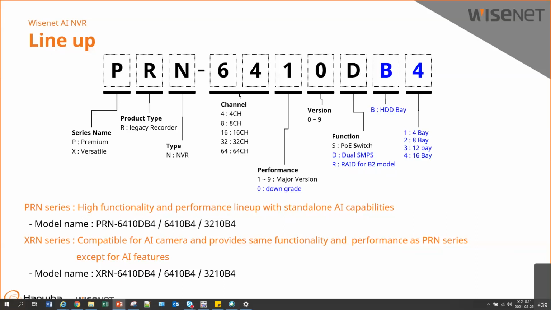But the XRN series is just a normal NVR. It's not including an AI engine inside. So you can use AI cameras for the AI function, but you cannot use AI functions with just normal cameras. So that's the difference between the P series and X series. Other features like event handling and performance will be almost the same.